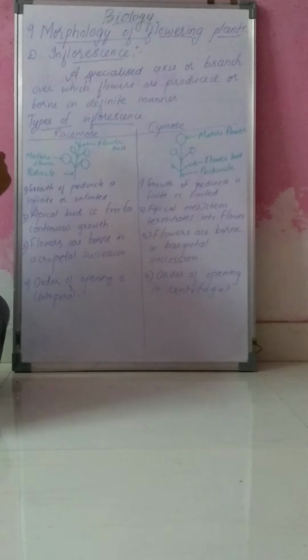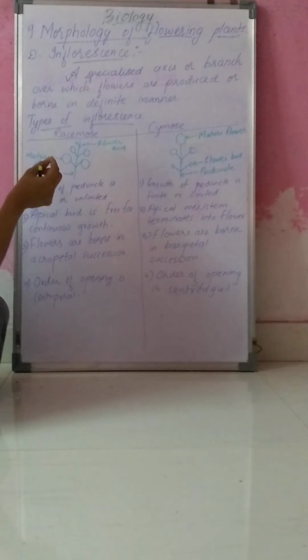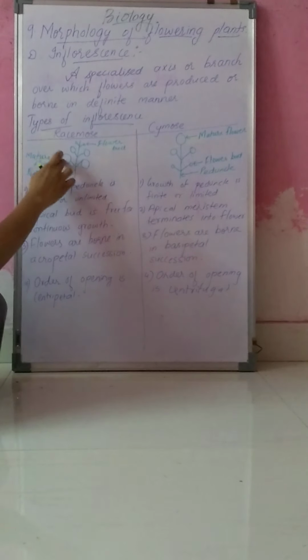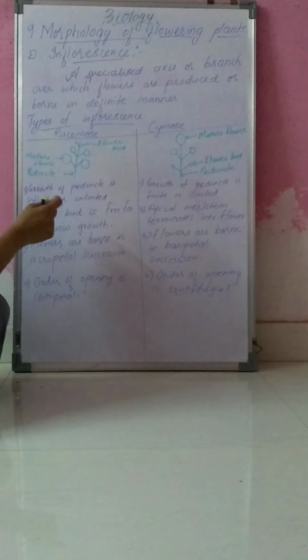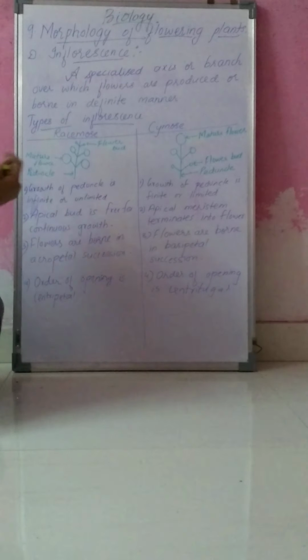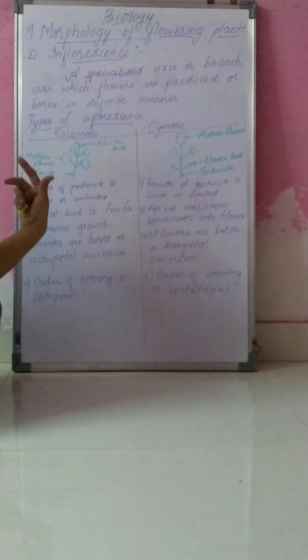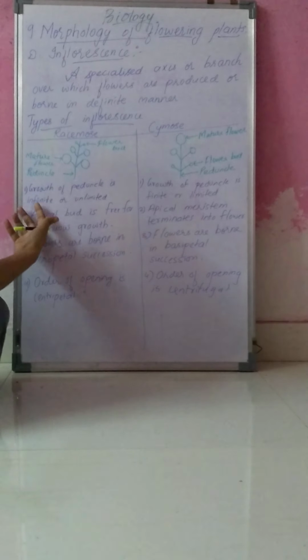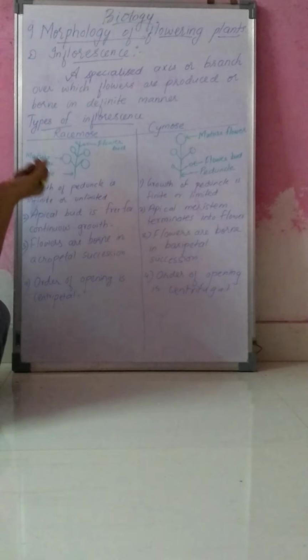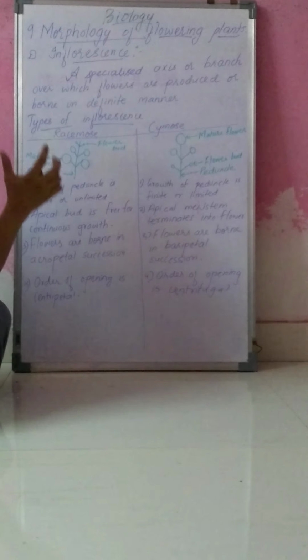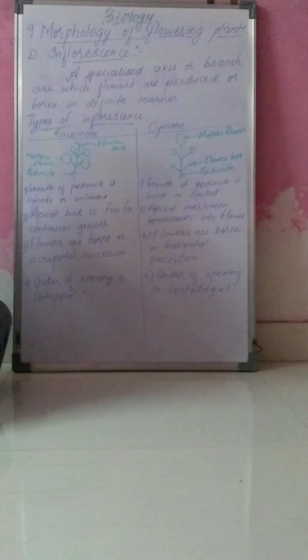On a single visit, when the insect comes on the flower, many flowers can be pollinated at the same time. And if we see a bunch of flowers, they look very attractive. This attracts the insect for pollination. As many flowers are present on the same axis, this attracts the insect for pollination.